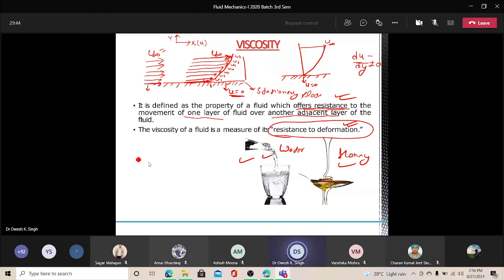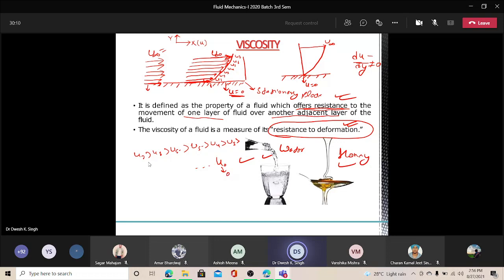Obviously u7 is greater than u6, u6 is greater than u5, u5 is greater than u4, and u4 is greater than u3. Like this you go down to u naught, which is 0 because it is in contact with the stationary plate.